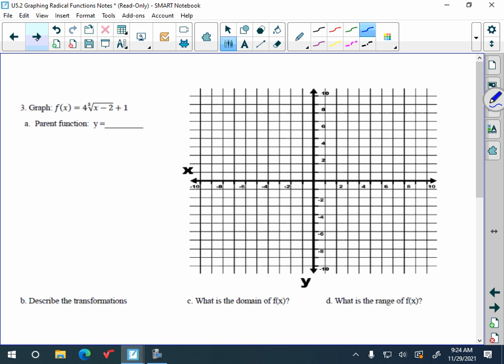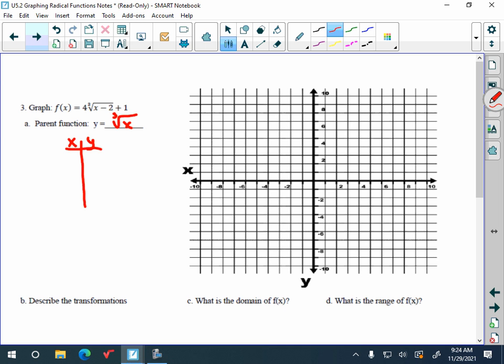All right, so the cube root. Our xy table is based off the parent function, the cube root of x. Now with cube roots, we're not restricted by any x values.